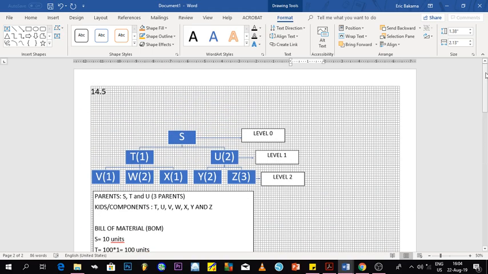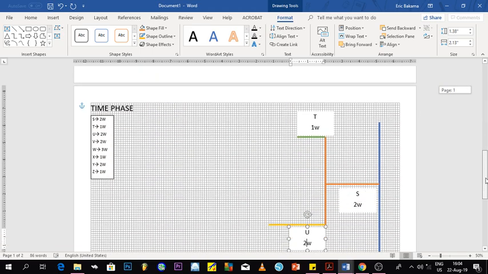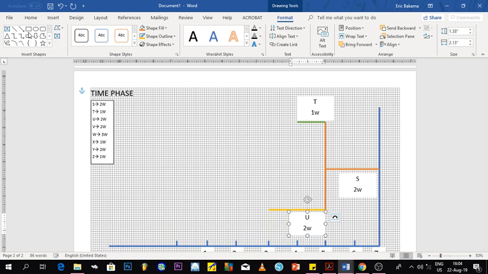We have drawn S, that is 2 components, T and U. So we need now to draw T, which has 3 components, V, W and X. So we are up here. What is going to happen with T is we will draw another line that is 3 components like this.